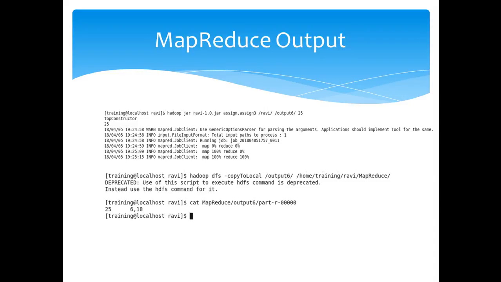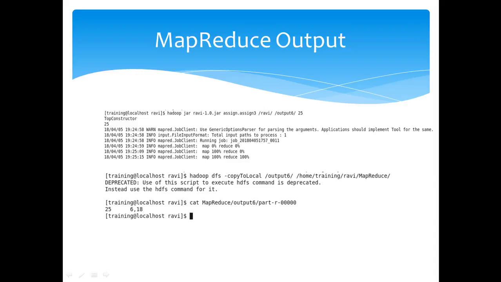In the same way, we used MapReduce to find the top constructor in a race. Here the race ID is 25. This is the input value given to the MapReduce code, and we see the map and reduce functions complete to 100%, and for race ID 25 we get constructor ID 6 as the top constructor with 18 points.